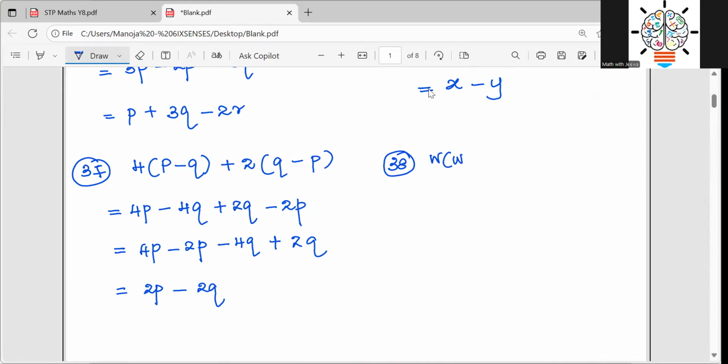w plus x times w minus x. So then here it is w squared plus wx minus wx plus x squared.